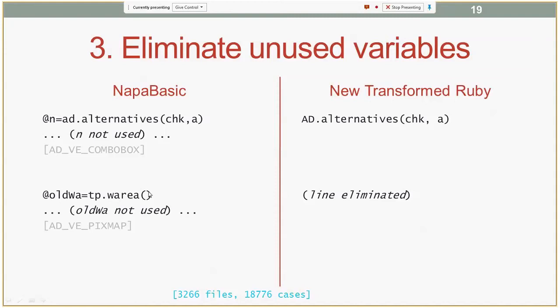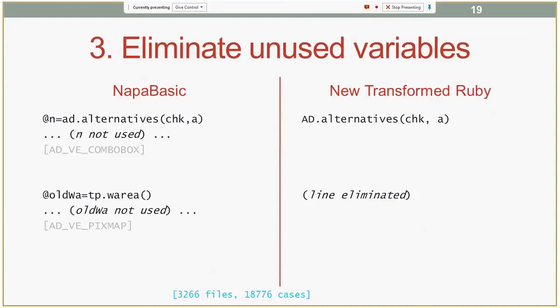And even more, if this elimination results in a side-effect-free statement that doesn't modify any state, then the whole statement is eliminated. And again, a huge amount of dead code was found by this rule.